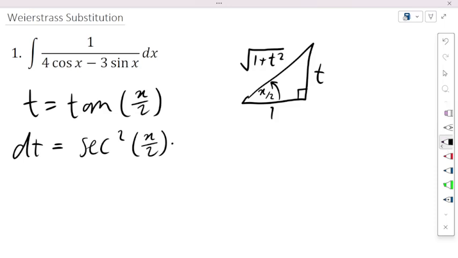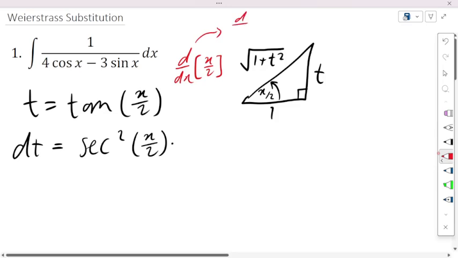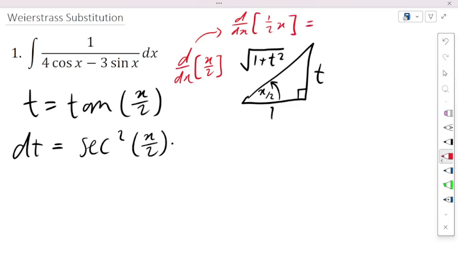The derivative of x over 2 is the same as saying the derivative of a half x, like so. And now we know that the derivative of a half x is just equal to a half. So this means we are multiplying by a half. Cool stuff.